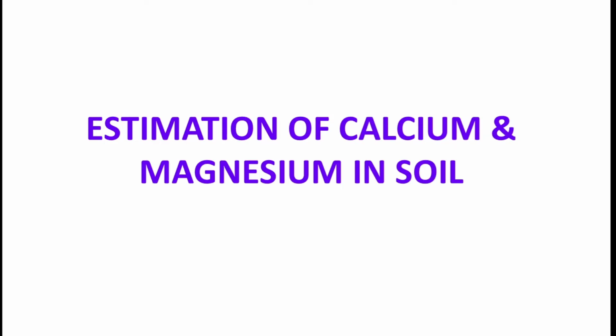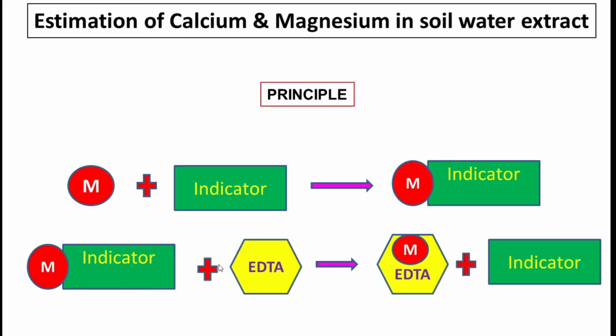Now we need to understand the principle behind the estimation of calcium and magnesium. So let us look at the principle. We know that calcium and magnesium ions are metal cations. When a metal cation reacts with an indicator, it forms a metal cation indicator complex, which is relatively stable.